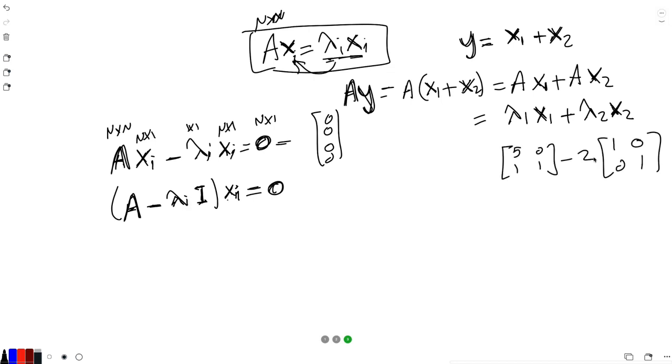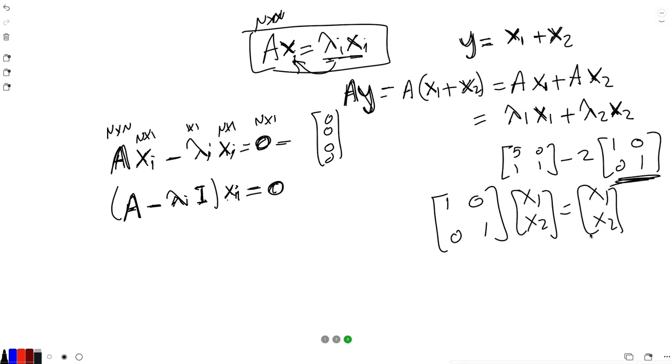This one was multiplied by some vector, and we take the vector outside, so we need to multiply by I. If you have, let's say, 1 0 0 1 times any x1 x2, the result will be x1 x2, simply like that. When we take xi as a common factor, we need to keep the identity matrix I here, so that when we multiply again, we have xi again.